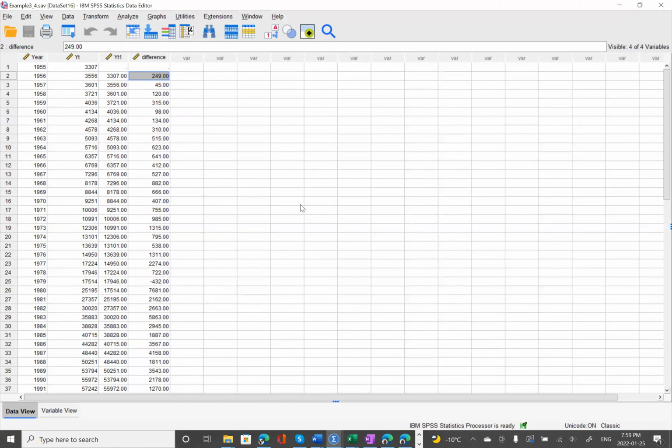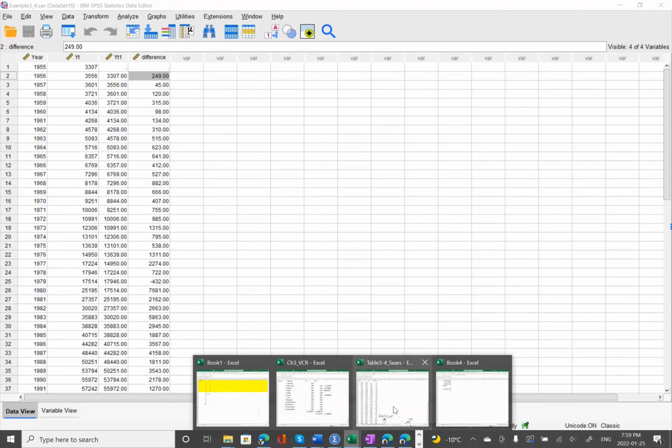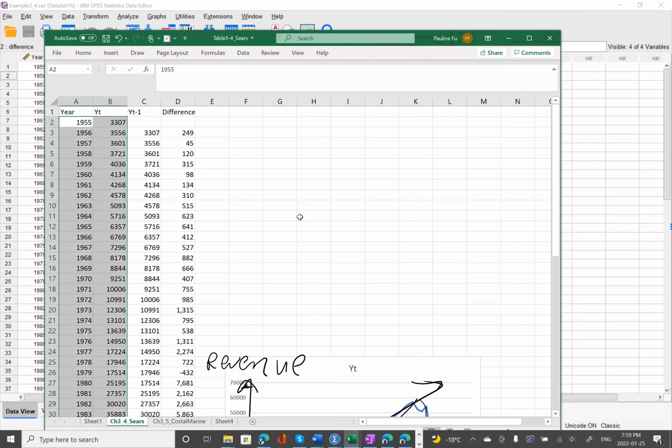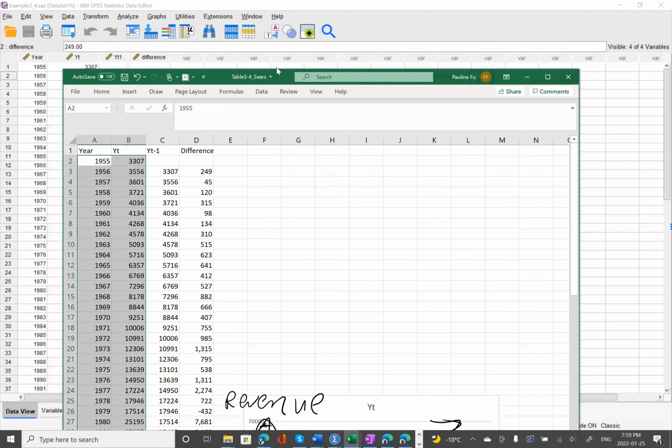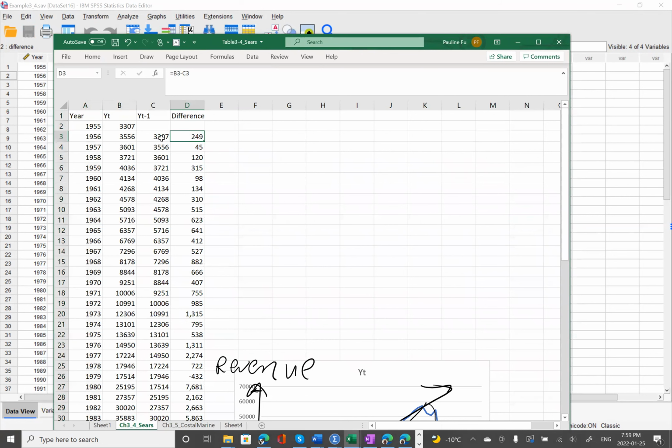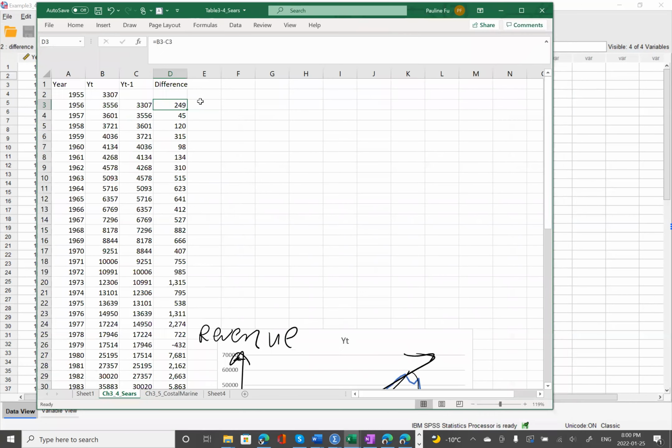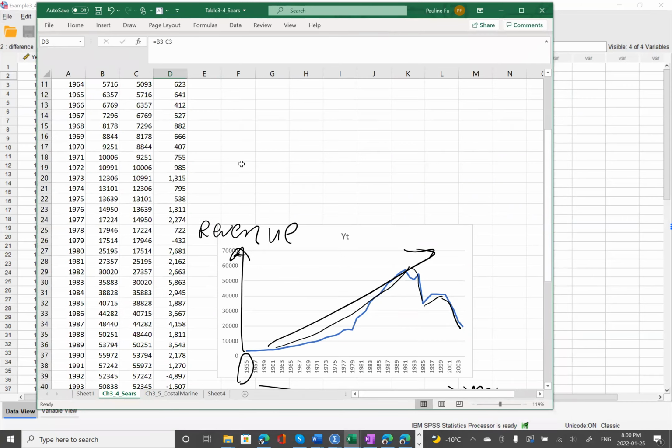Once I have that difference, now I can produce a scatter plot. Maybe Excel is easier. Yeah, this one, I already have the difference. See, in Excel, you just use this number minus this number. And then you produce the line.